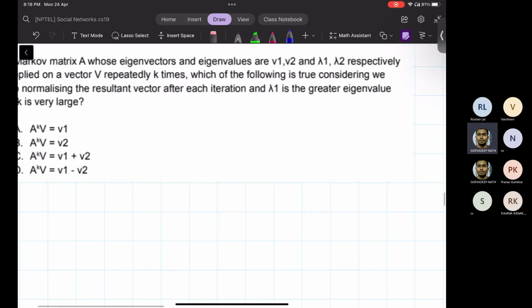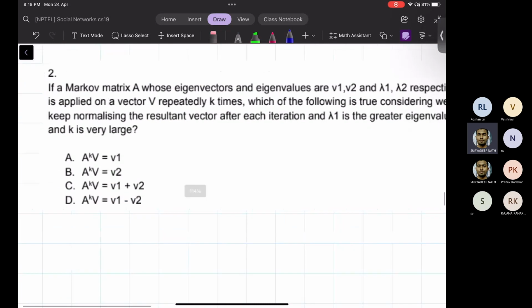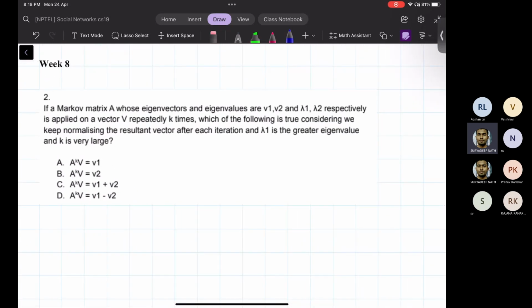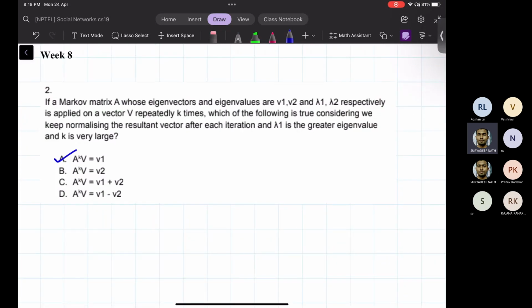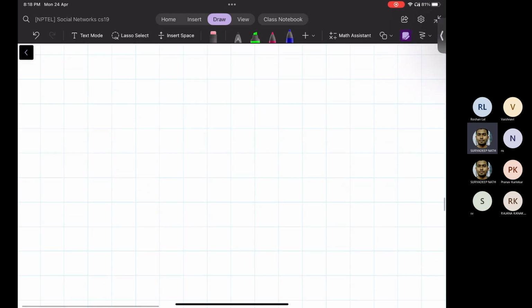So what would happen is that if you keep multiplying A to the power k, option A is the right answer, where it will be A to the power k v. This v is any random vector which you keep normalizing. So it would eventually converge to v1, that is the eigenvector corresponding to the highest eigenvalue. So option A is the right answer.